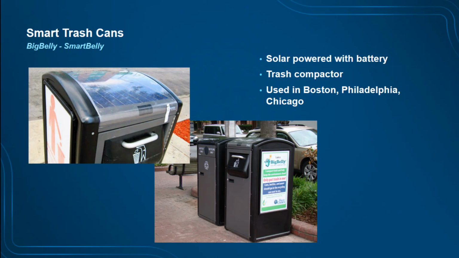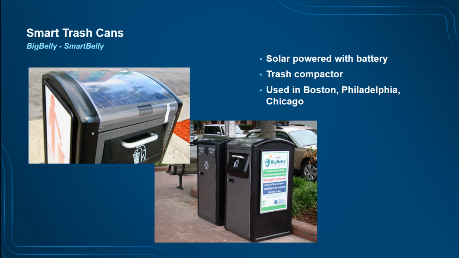Pretty interesting. So the smart trash can is not just a fun project for a hackathon, but real. For example, on the East Coast, Chicago, Boston, Philadelphia use the so-called BigBelly smart trash can. On top of the bin, you see solar power. This smart trash can does compaction as well, so it compacts the trash.